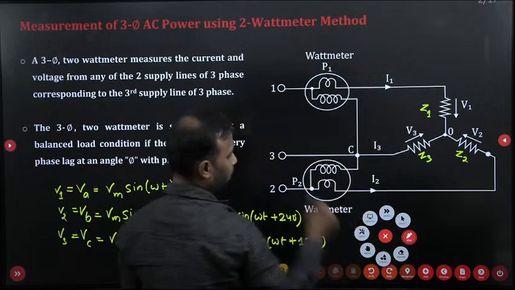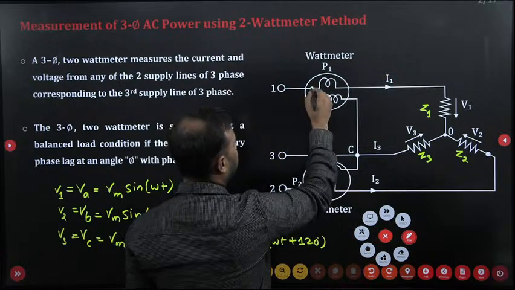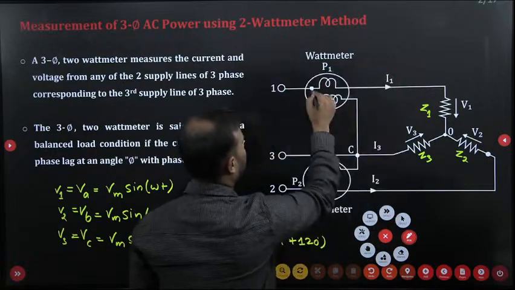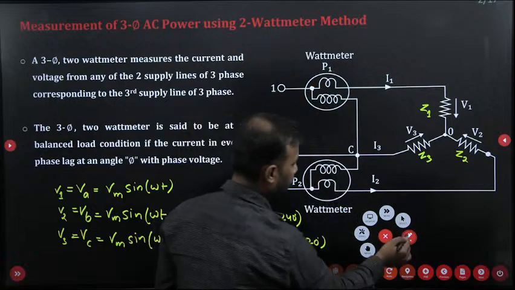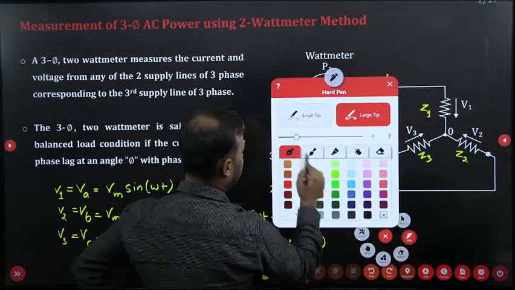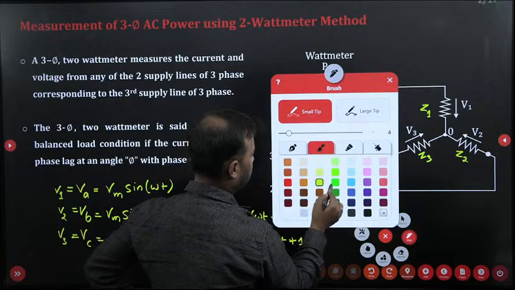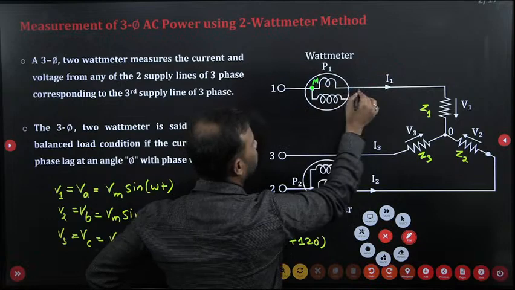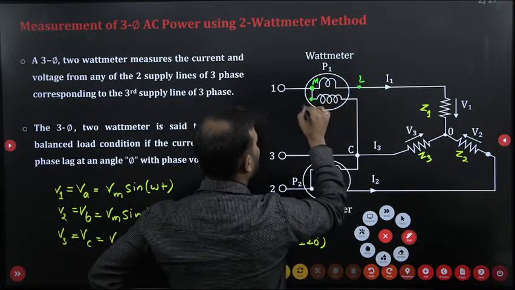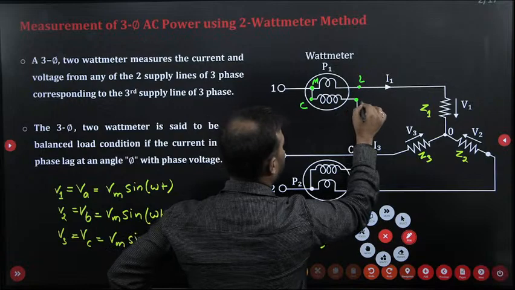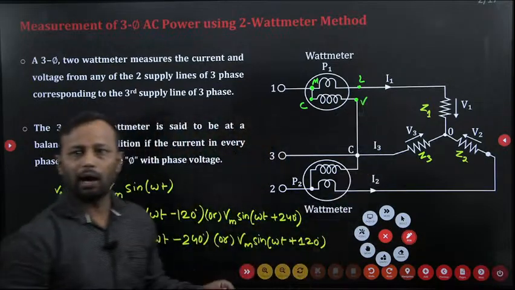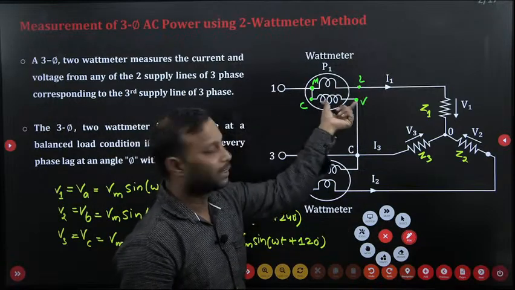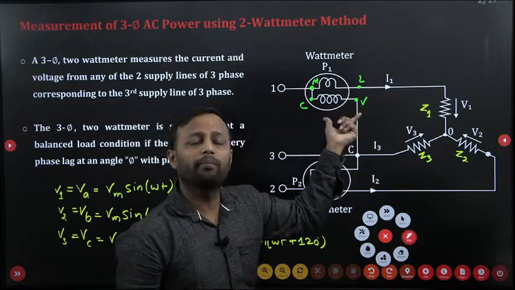See, this is your M, this is your L, and this is your C, and this node is your V. Now if you see, C to V is your potential coil, which is going to measure the voltage.